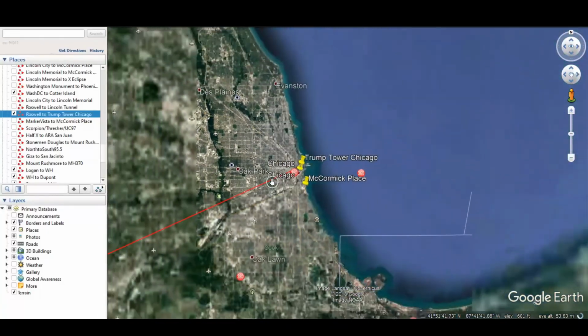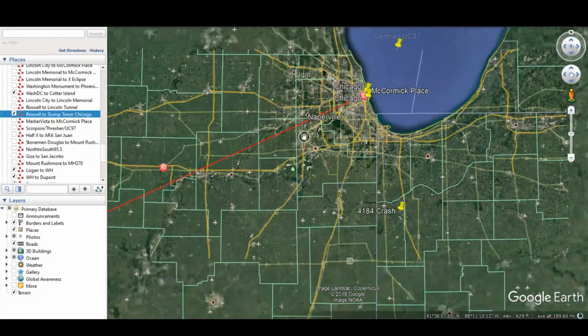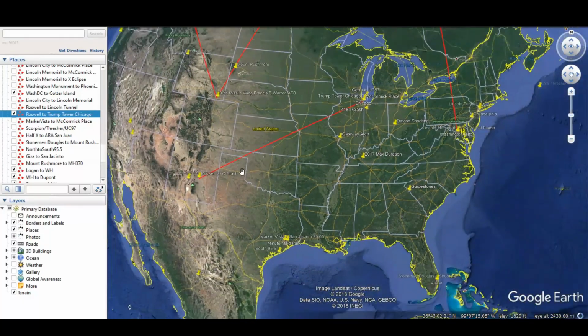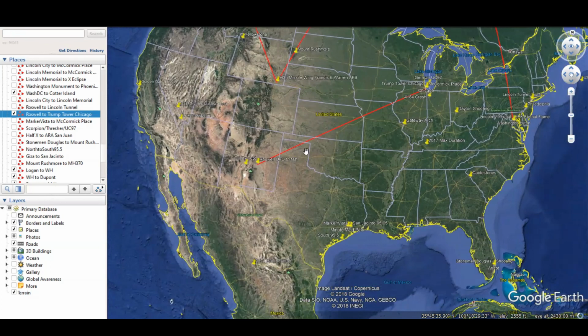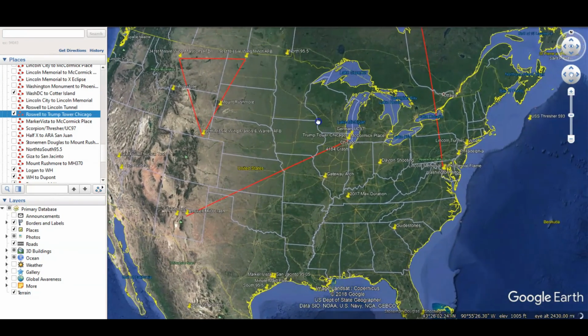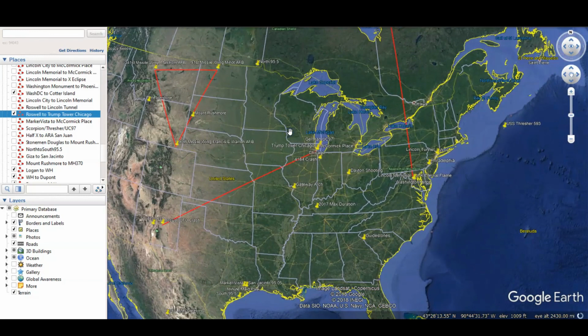Remember, the Roswell UFO crash was in Lincoln County. We had the Great American Eclipse make landfall in Lincoln City, Oregon. We had the Flight 1549 land on the Hudson River right over the Lincoln Tunnel.